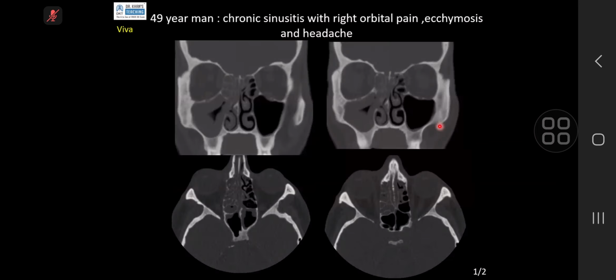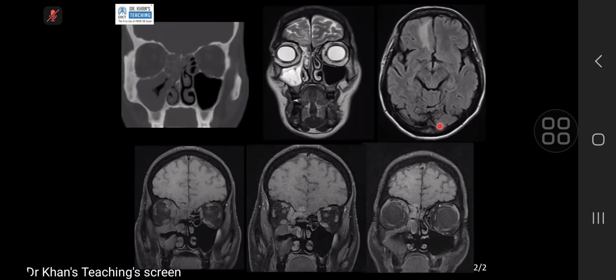Depending on the scenario, you should ask for post contrast, and you can ask for MR if the symptoms are such that you have to rule out intracranial extension. Classical exam cases, most popular exam cases in head and neck are infections and complications of infections. In this particular case, on post contrast, you can see that there is extension into the meninges, and then there is edema. Okay, well done.